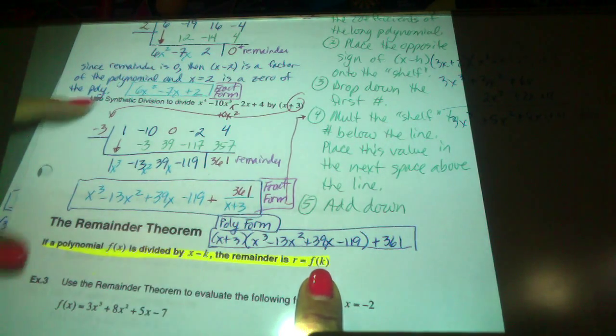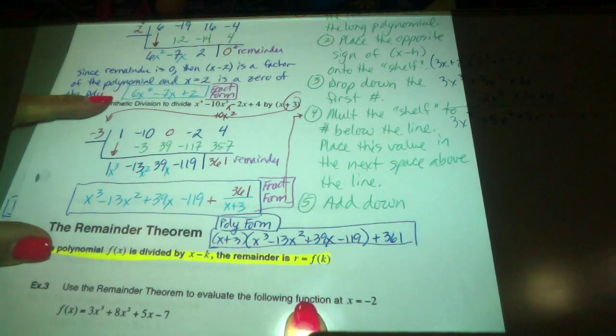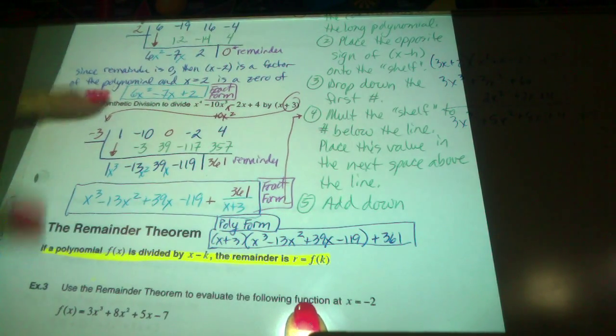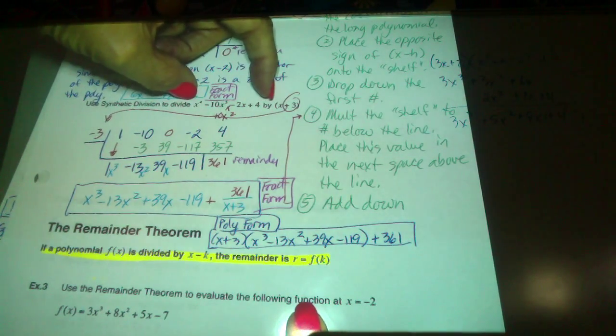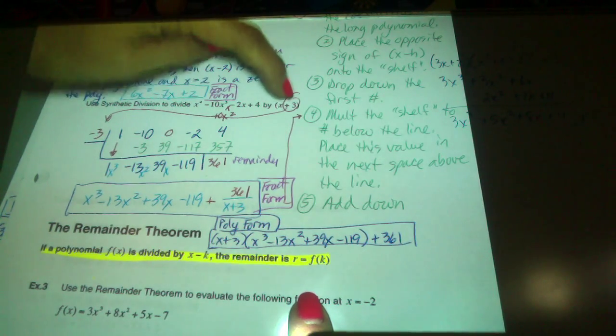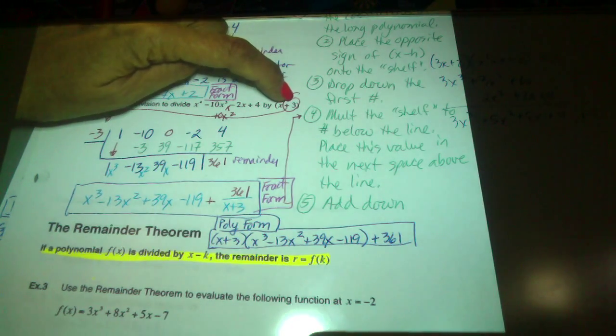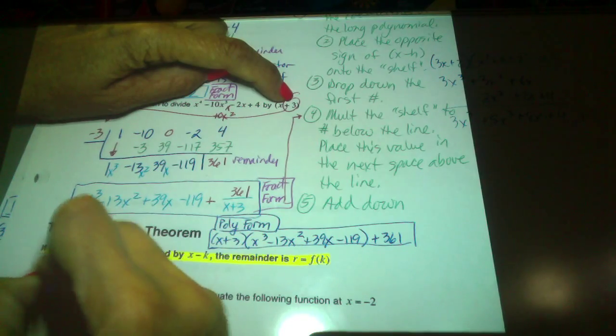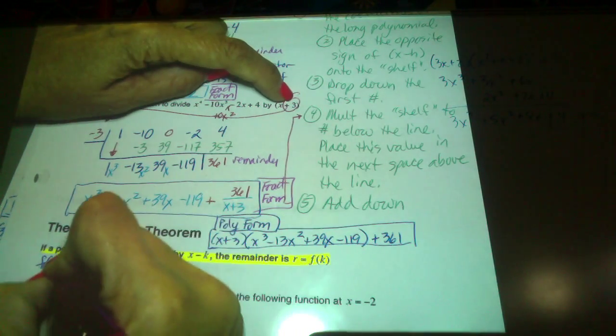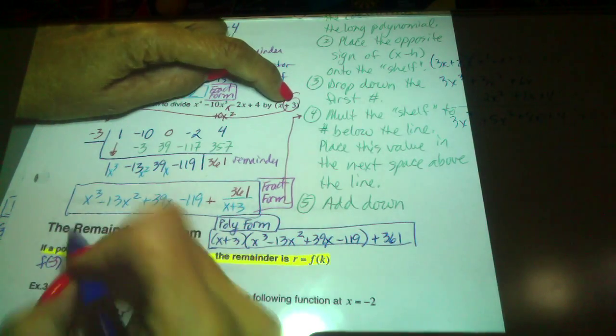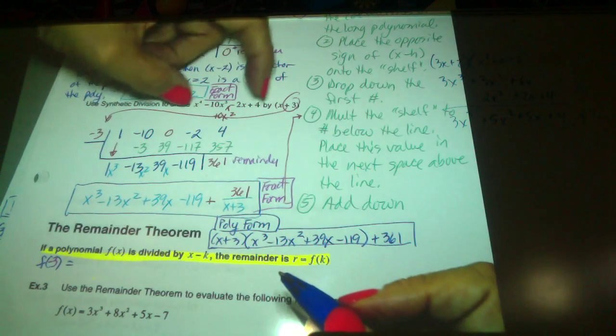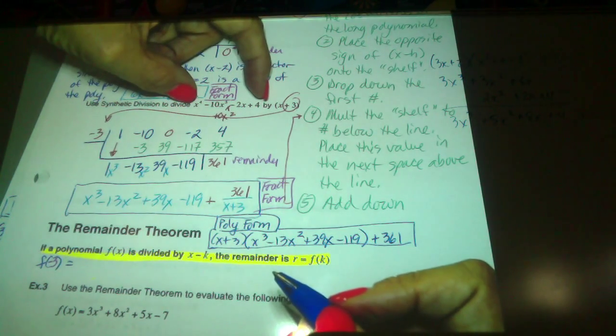What does that mean? Well, look at this last problem here. If I wanted to evaluate this polynomial for -3, because that's what we put on our shelf, it would be written like this. F of -3 is equal to, wherever I had an x, I would replace that x with a -3.